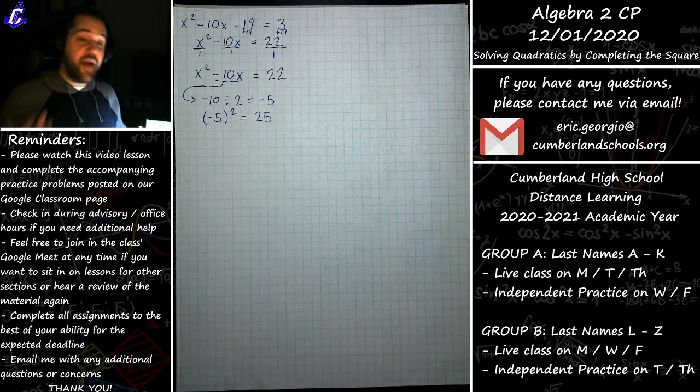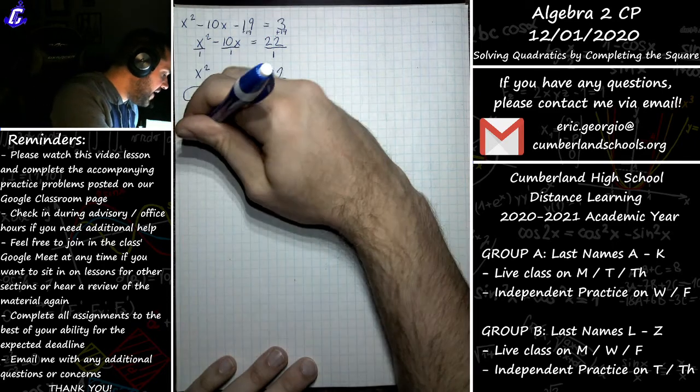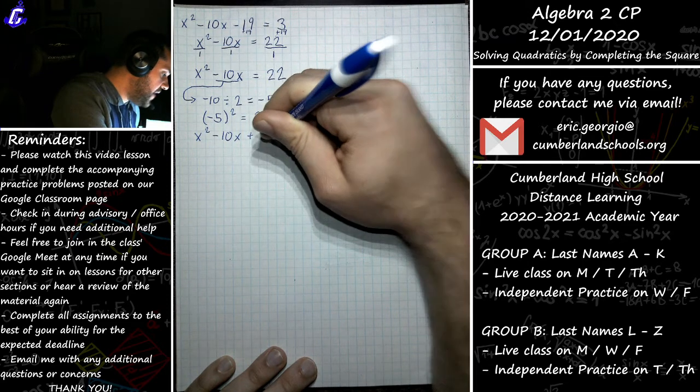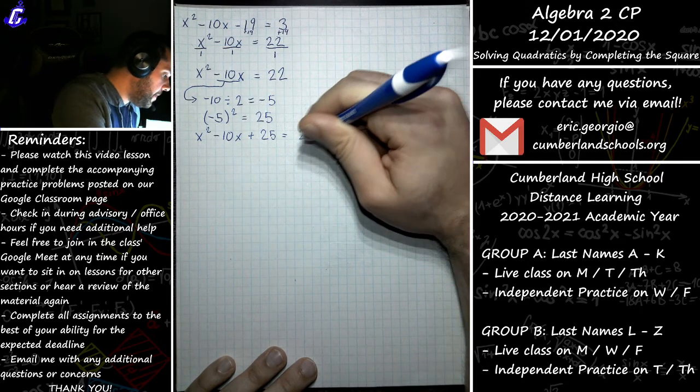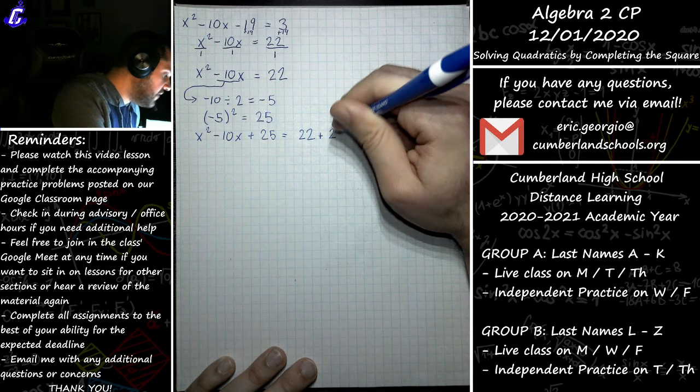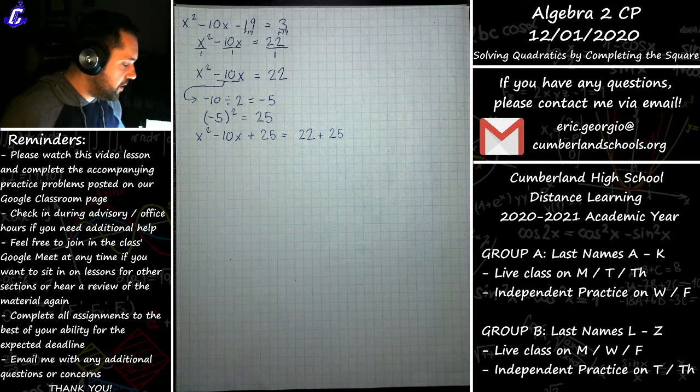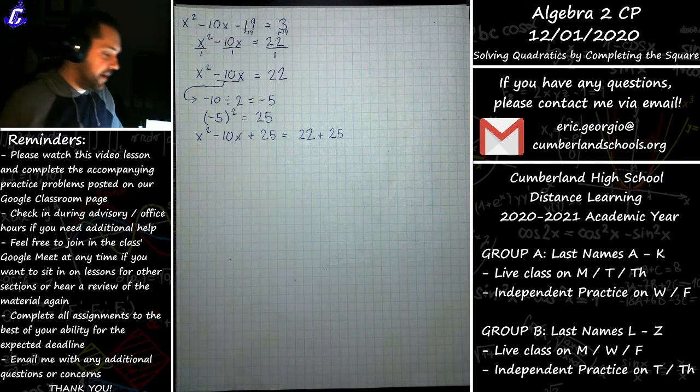That positive 25 is important because now we're going to add that positive 25 to both sides, and that will ensure that my left-hand side comes out to be something that can be factored down into a matching pair so that they can be squished together into a squared term. That's why it's called completing the square, because we want that to occur every time. We want that to occur all the time.